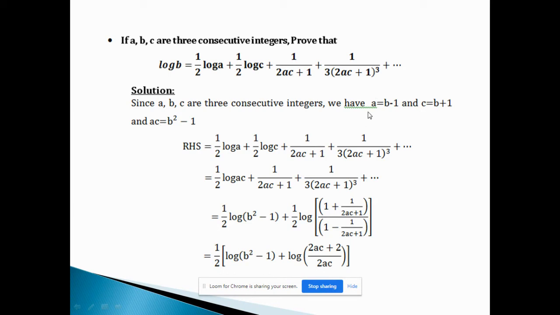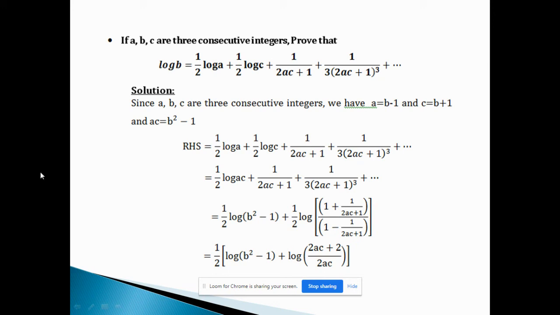So ac is b square minus 1. So from the RHS, that is 1 by 2 times log a plus log c. So log a plus log c can be written as log ac by the rule log a plus log b rule.